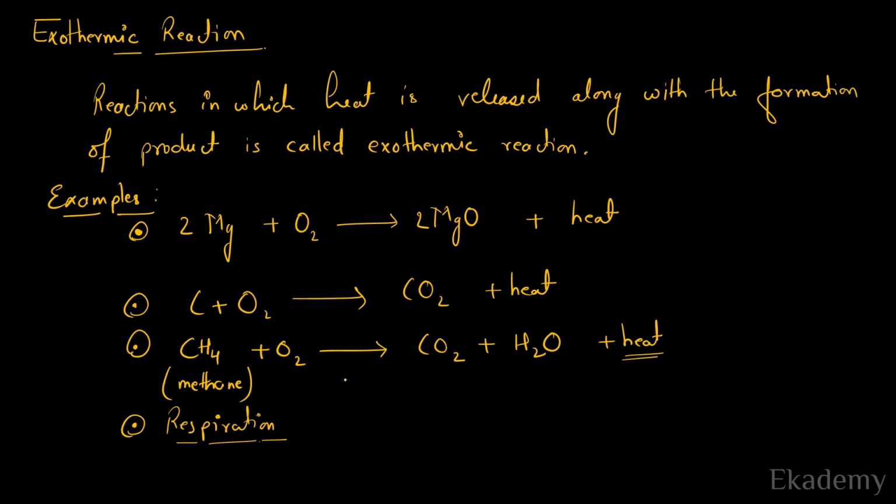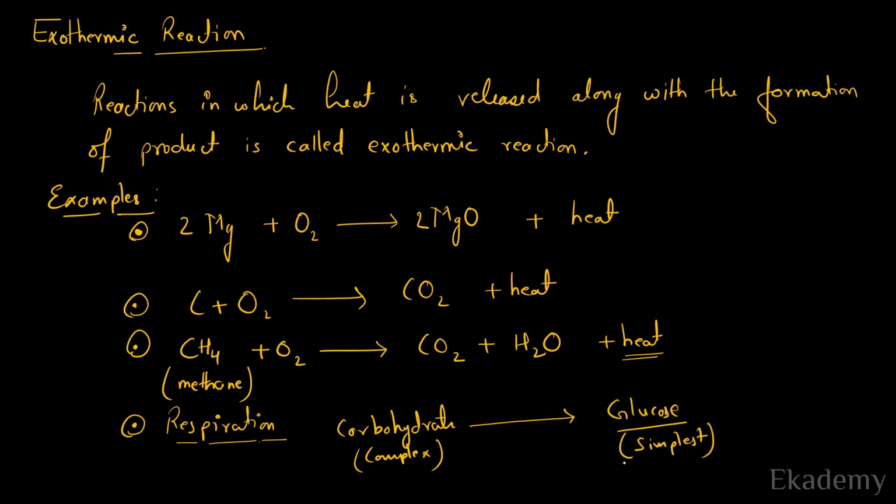All these substances contain carbohydrate, and carbohydrate is a complex chemical substance. First it needs to be broken down into its simplest form, and this process of breaking a complex substance into a simpler form is called digestion. So carbohydrate is first broken down into a simpler form, which is glucose. Now this glucose is carried to each and every cell of our body through blood.